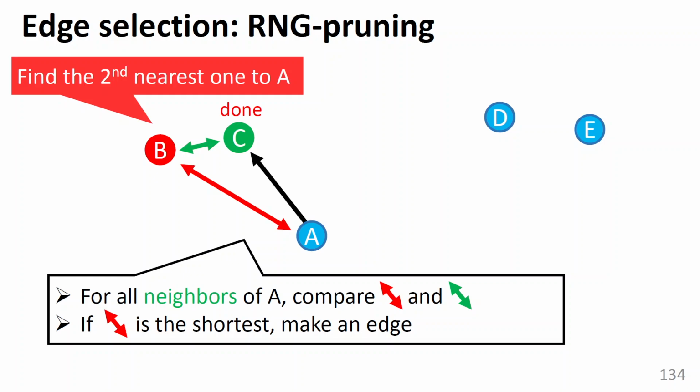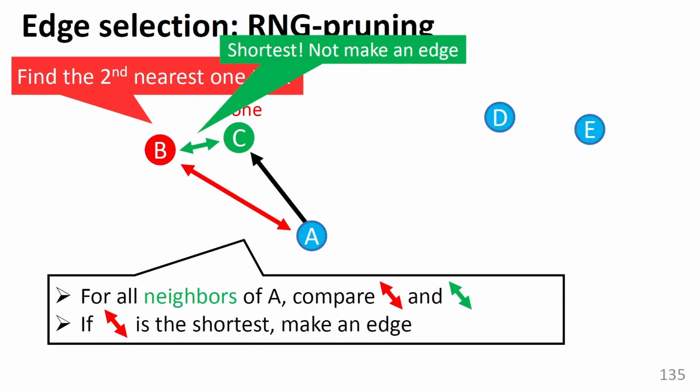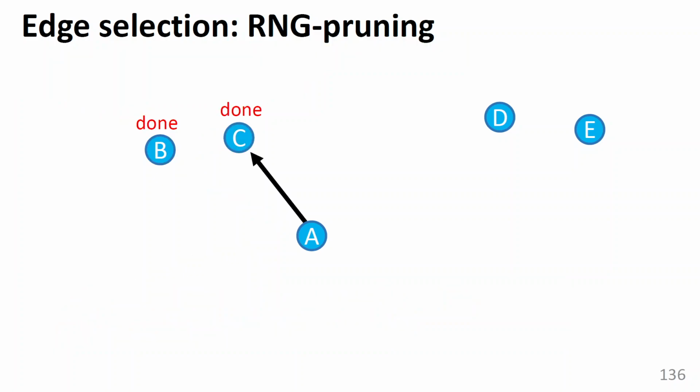C is A's neighbor, right? So we consider the distance between B and C. You see the distance is very short. It's shorter than the distance AB. So in this case, we should not make an edge. We just keep them empty, no edge between A and B.